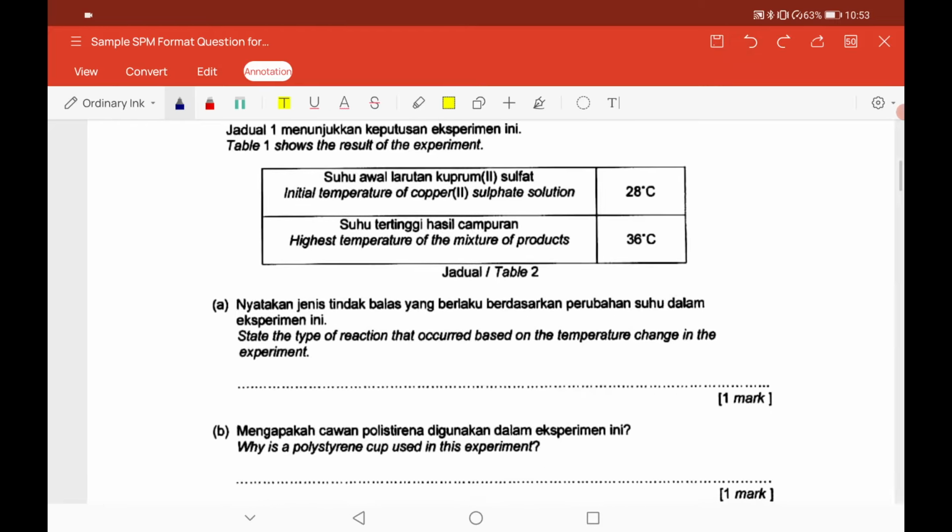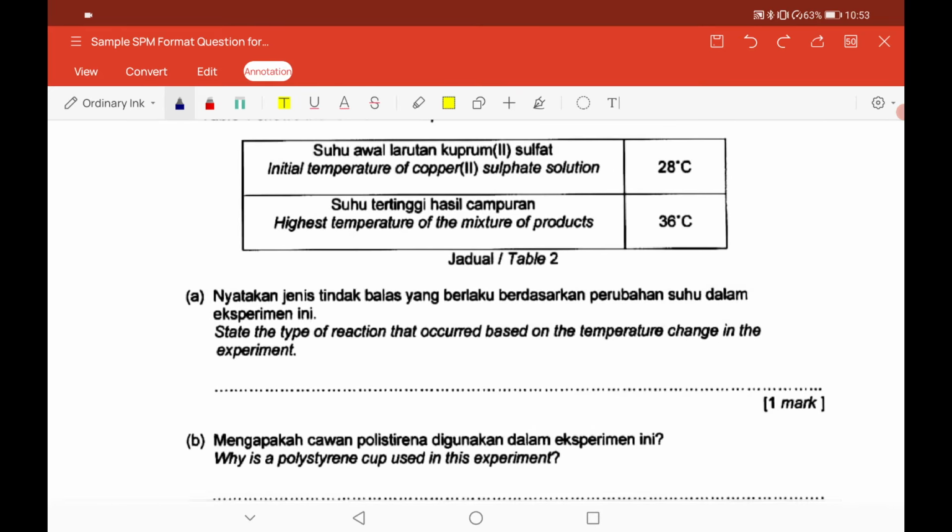The first question is asking us what is the type of reaction that occurs based on temperature change. If they ask you about temperature change and the reaction, it must be endothermic or exothermic. If you want to describe the reaction by using temperature change, it must be endothermic or exothermic.